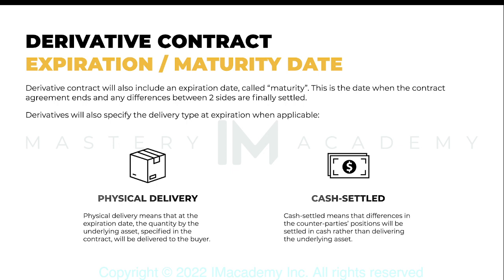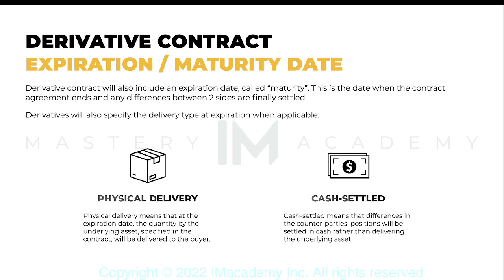So physical delivery means that at the expiration date, the quantity of the underlying asset, well, it could be gold, for example, it could be oil, or it could be corn, specified in the contract will actually be physically delivered to the buyer of the contract. Okay, so whatever was said in the contract, this amount of the underlying asset at the expiration date will be delivered to its buyer.